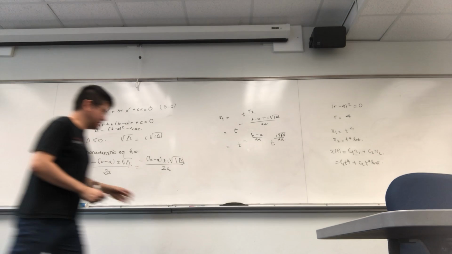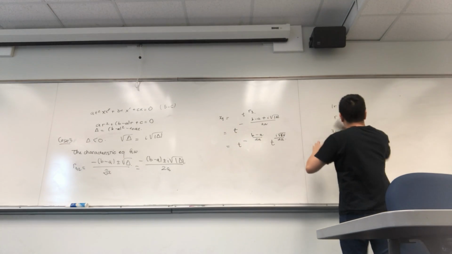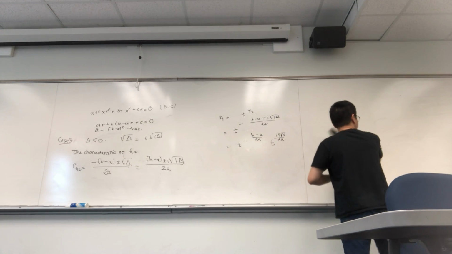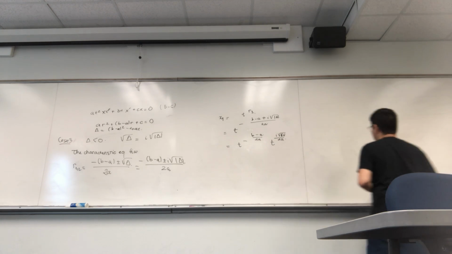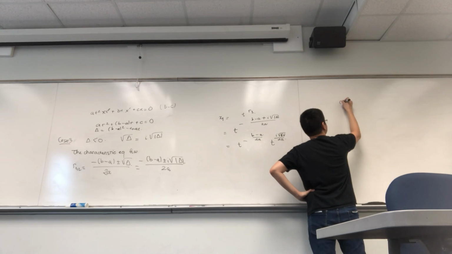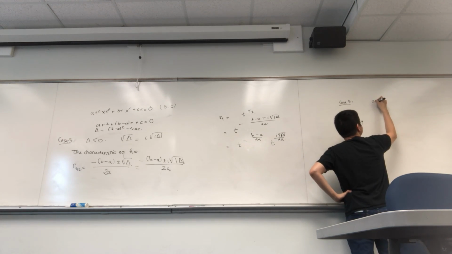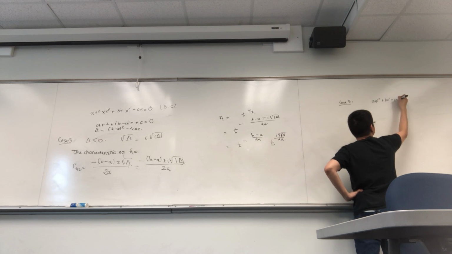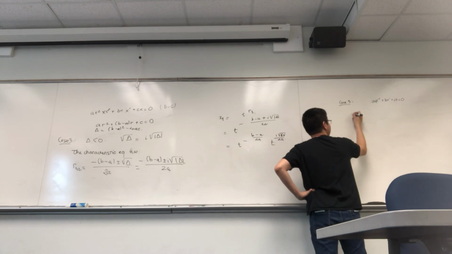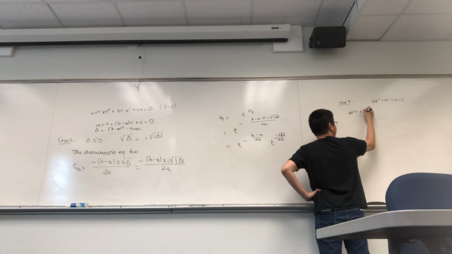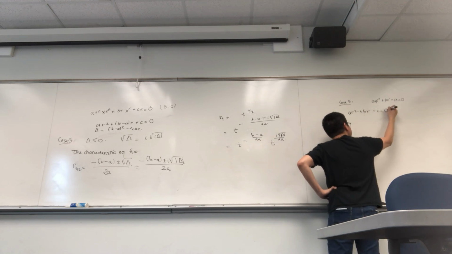Remember the previous case, case number 3. In the previous equation, you have ax'' plus bx' plus cx equals 0, so you have ar squared plus br plus c equals 0.